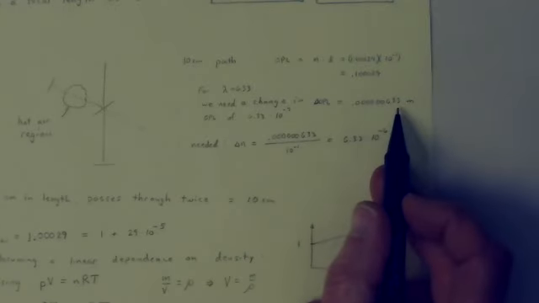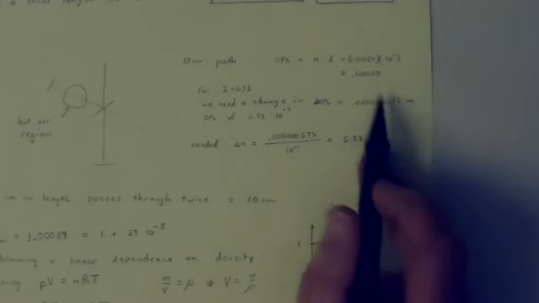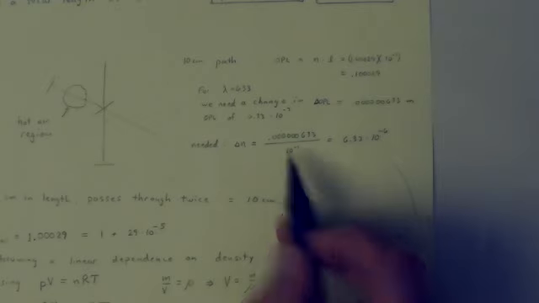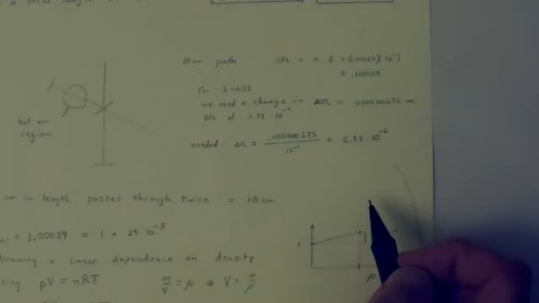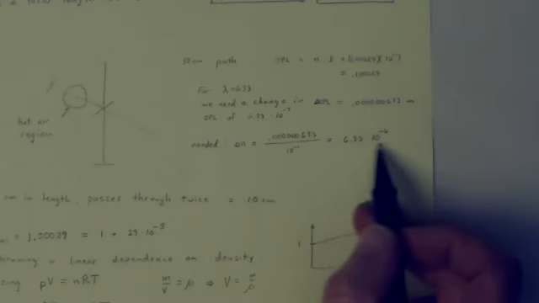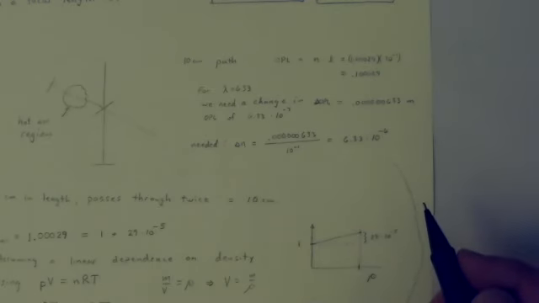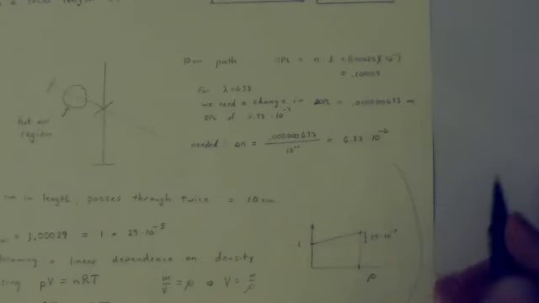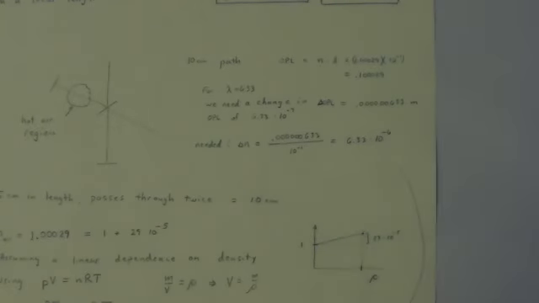Just taking the ratio of these two tells me how much n needs to change. That's where I got this number. Trying to think if that's right now.